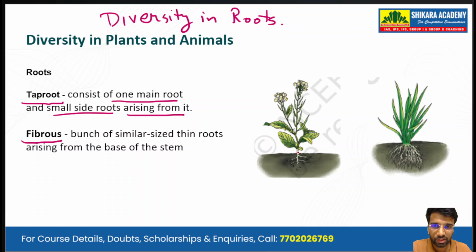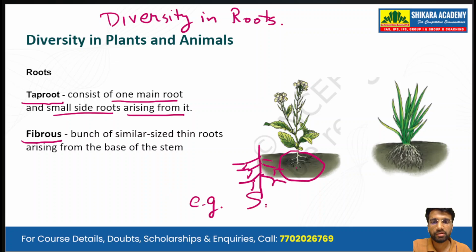In this figure, we can see this plant has one main root and other small secondary roots arising from the main root. Example, Sadabahar.